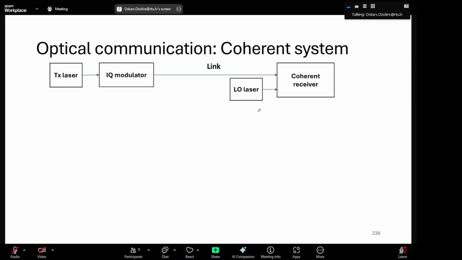This allows you to have quite a small signal level here and still get quite good sensitivity. And since you have more degrees of freedom, it's not only intensity, but intensity, phase and polarization that you can use.